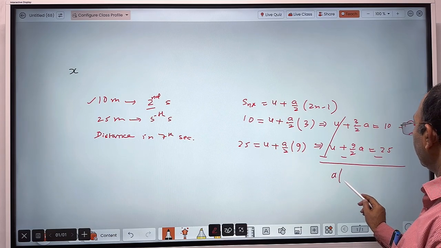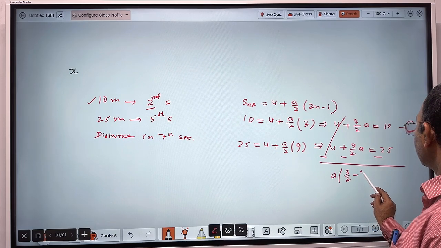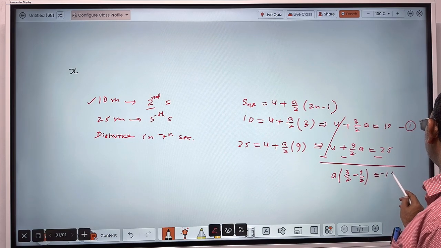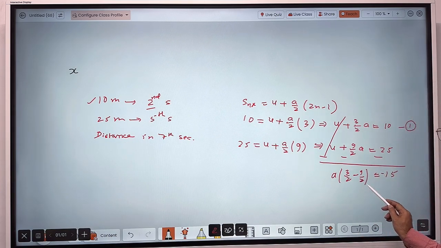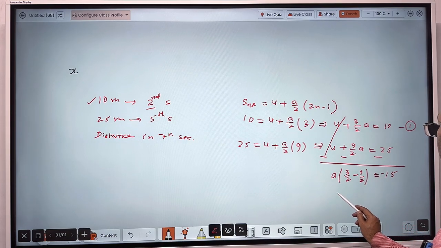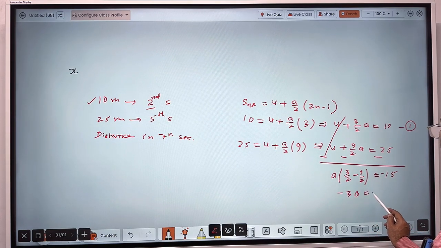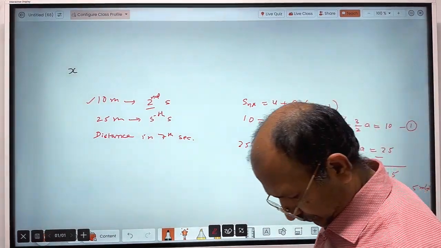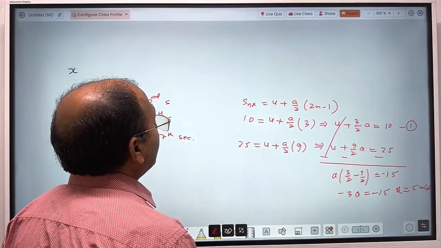So a common, 3 by 2 minus 9 by 2 equals minus 15. Clear? Now this will become minus 6 by 2, that is minus 3. So minus 3a equals minus 15. So this gives a equals 5 meter per second square. We have got the value of a.